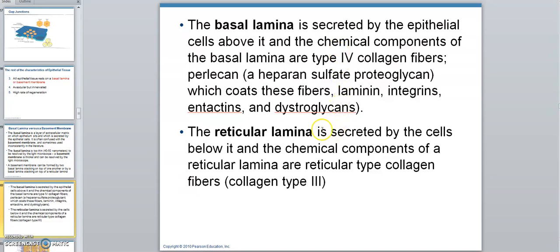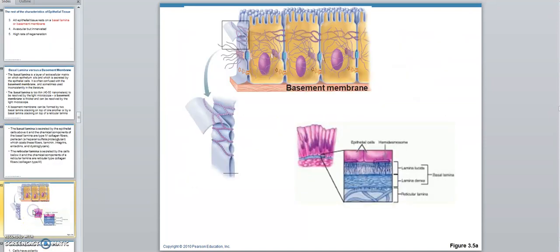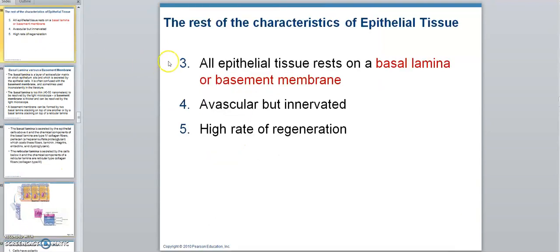The reticular lamina, if you have one, is secreted by the cells below, which would be in the connective tissue. Here's an example right here of a basement membrane. See, here are the epithelial cells resting on this basement membrane. So all epithelial tissue rests on a basal lamina or basement membrane.